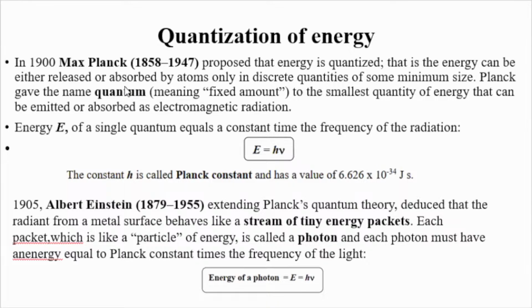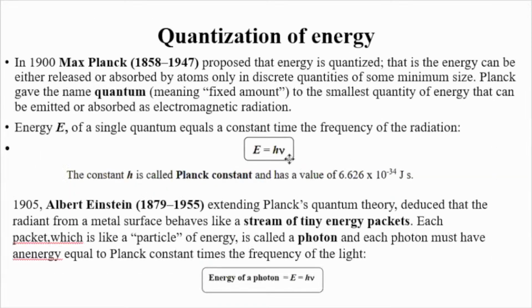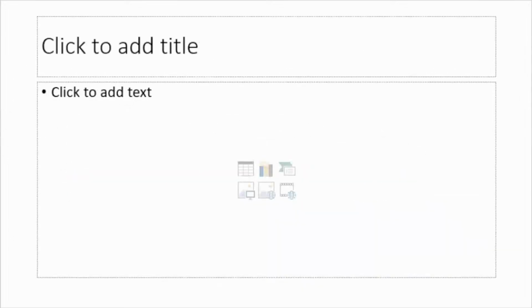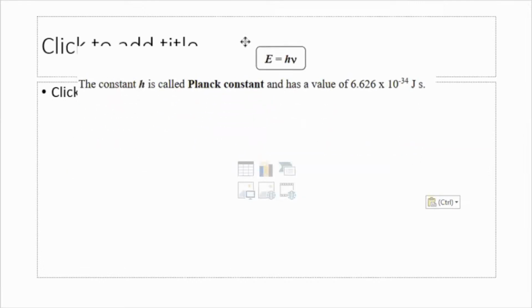Say for example, wait. I think I didn't give any examples for this one. Say for example, this is the equation. Planck constant is the constant. Okay, this is E is equal to h nu.